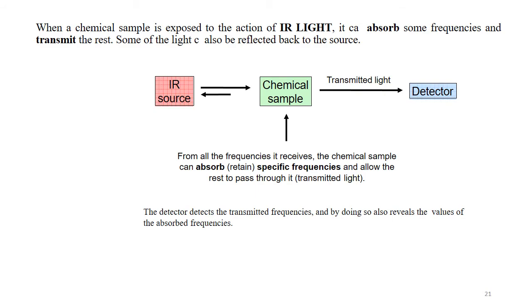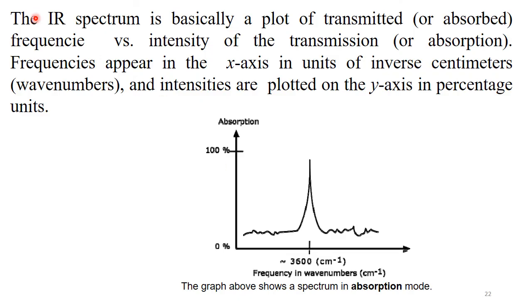The IR spectrum is basically a plot of transmitted or absorbed frequencies against the intensity of the transmission or absorption. Frequencies appear on the x-axis in units of inverse centimeters, wave numbers, and the intensities are plotted on the y-axis in percentage units.